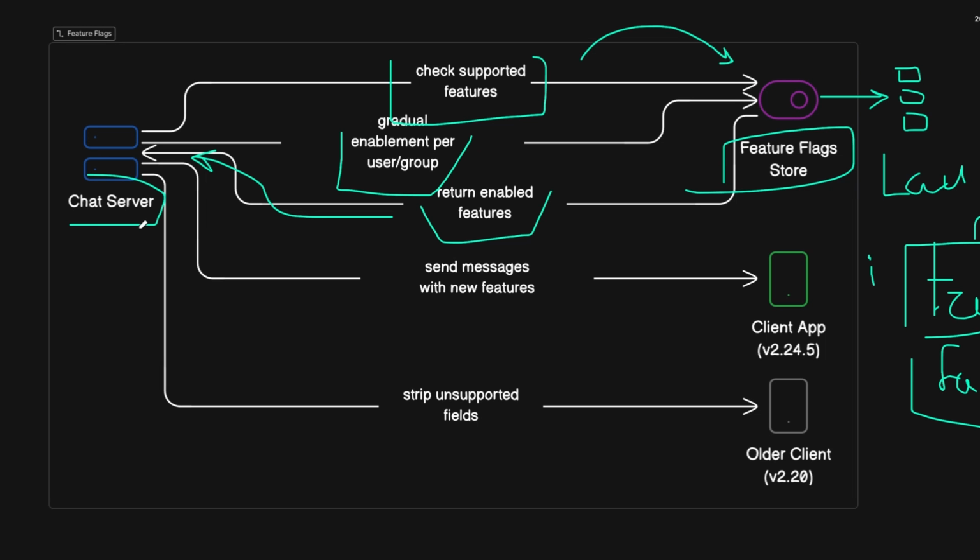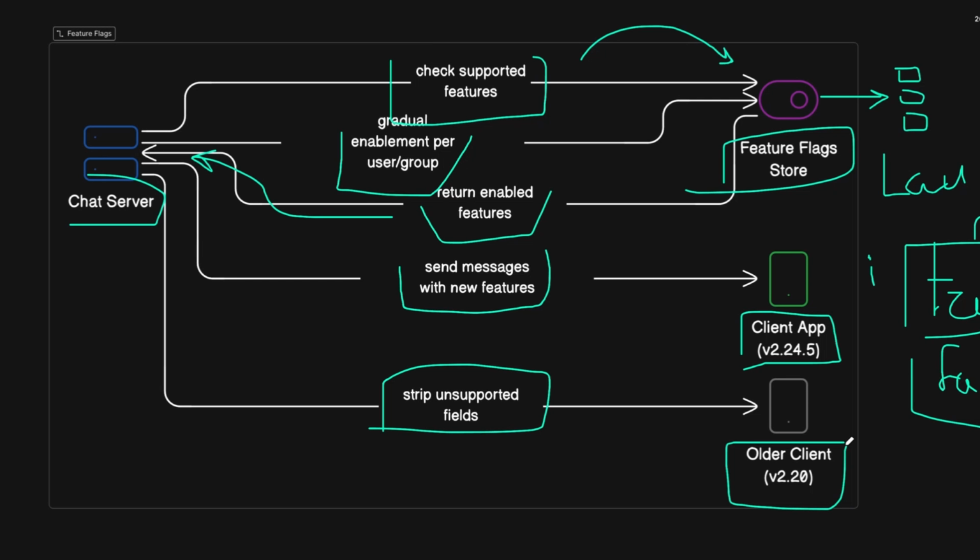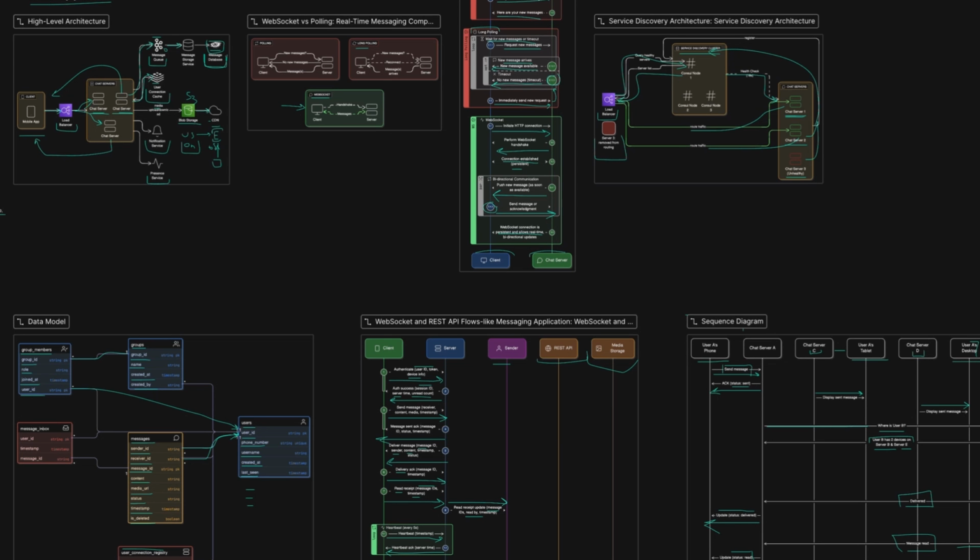And by having this, for example, the chat server can send messages with new features to the client apps that are above this version, and strip the unsupported fields or features for the client apps that are below 2.2 or some version that you set. So that is, for example, discussing the complete architecture.